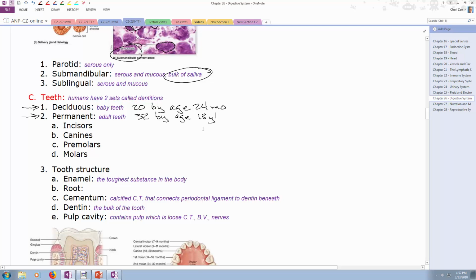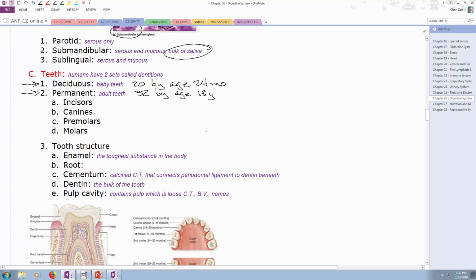Of our teeth, we have 4 categories based upon their shape and therefore what they can do for us. Our front teeth are our incisors. And when you take a look at them, they have flat, cutting edges. And so indeed they are designed for that cutting action, biting into the apple, for example. Canines are lateral to them. These guys are pointed, and they are designed for piercing and tearing.